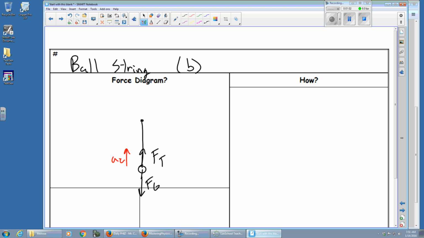And the ball is moving in that direction. I think it's what we had for our force diagram, if I remember correctly.